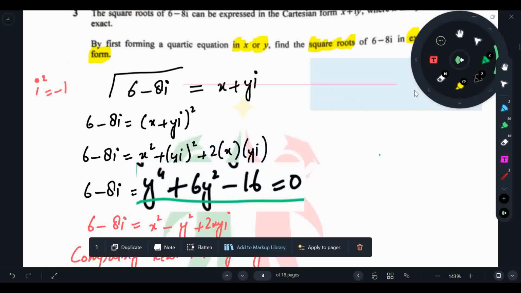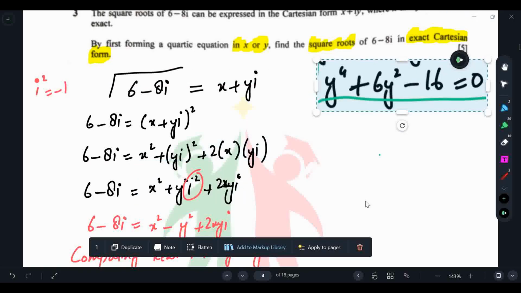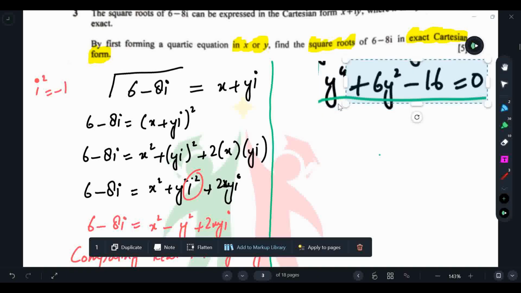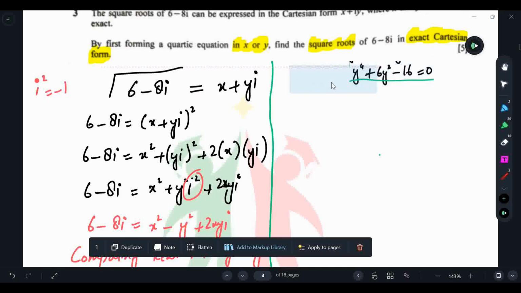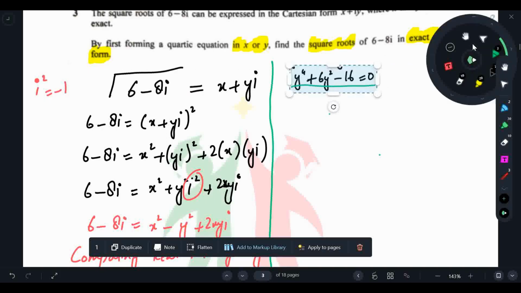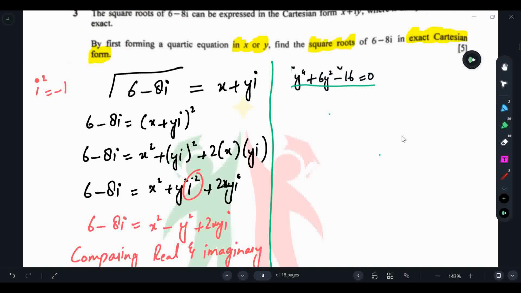Our required equation was this one. Now let me draw a line in between the previous working and this one.